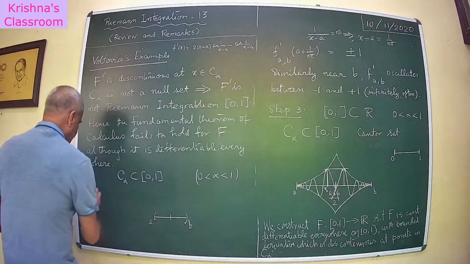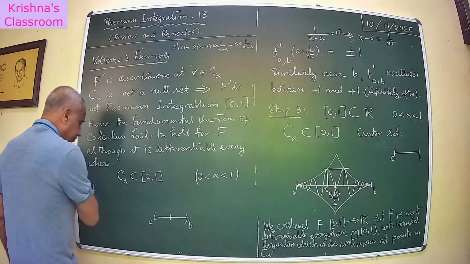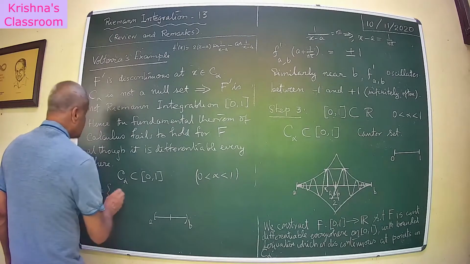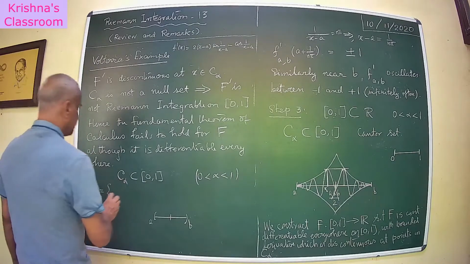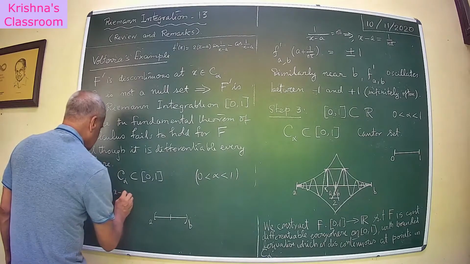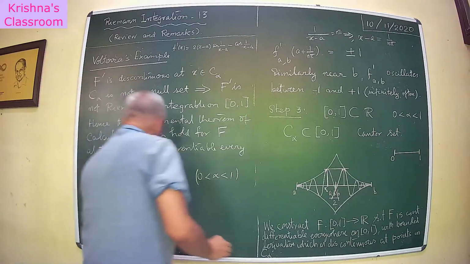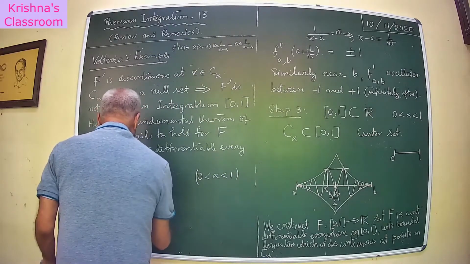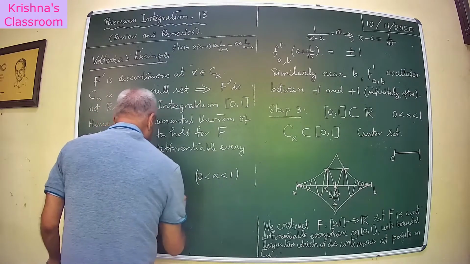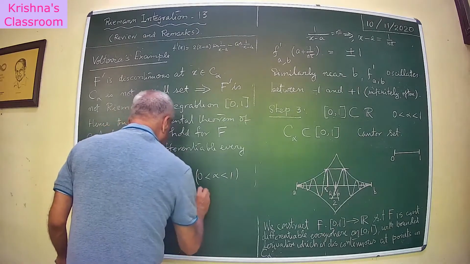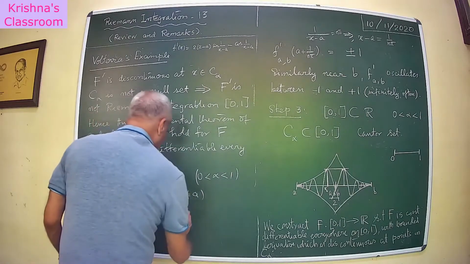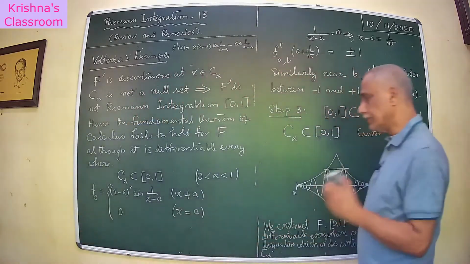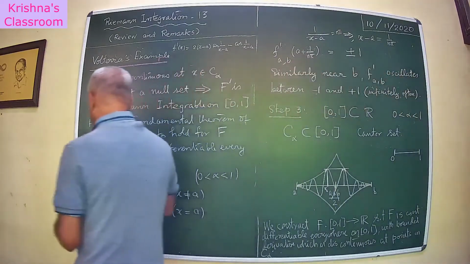We started with this function f a equal to x minus a whole square into sine of one upon x minus a, where x is not equal to a, and the function is defined as 0 for x equal to a.